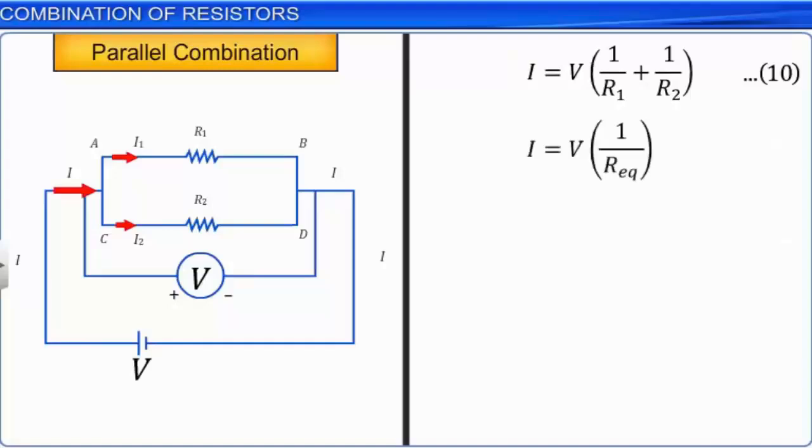Let this be equation 11. Req is the equivalent resistance of the parallel combination of resistors. From equations 10 and 11, we can write 1 by Req is equal to 1 by R1 plus 1 by R2. Let this be equation 12.